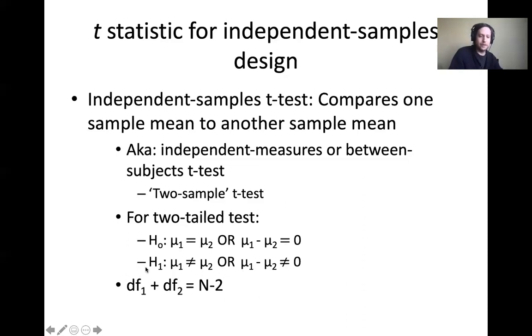Another important difference between this t-test and all the hypothesis tests we've done before is that the degrees of freedom now equals n minus 2.